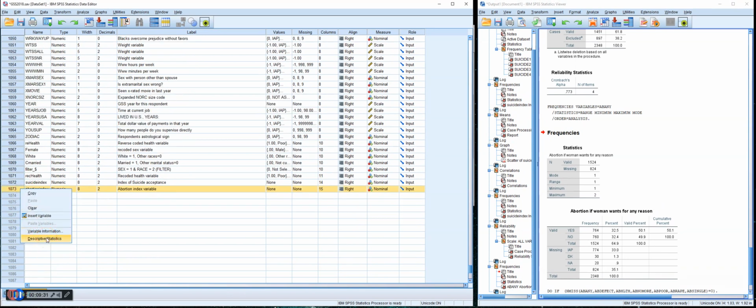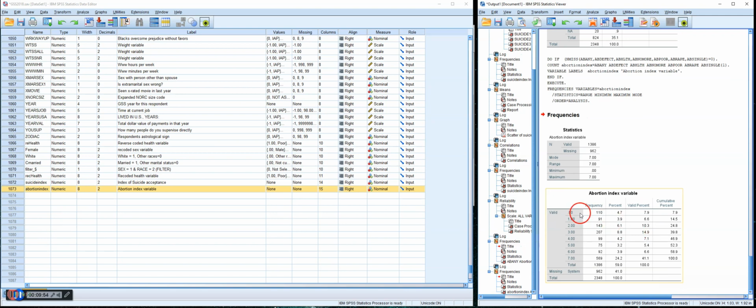The minimum score should be 0, which means some people answered no to all of the aversion questions, and the maximum score should be 7, because out of 7 questions they answered yes to all of them. So 0 through 7, yeah, that's the score, so that's correct.